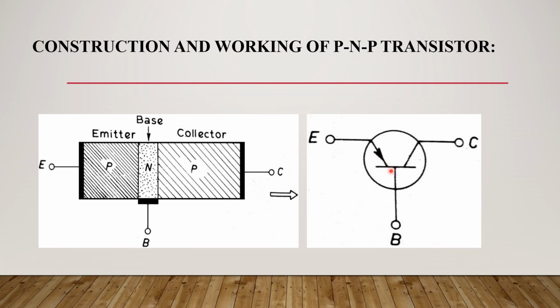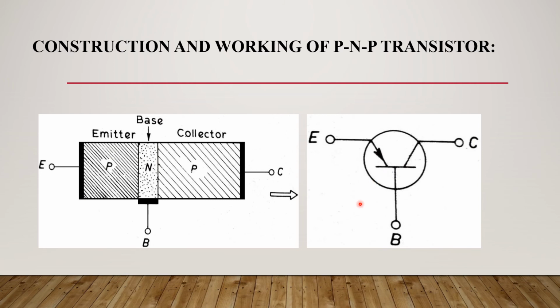So this is the simple difference between NPN and PNP. In PNP, the emitter is P, base is N, and collector is P. And when we draw the symbol, it is very important to indicate this arrow towards the base.